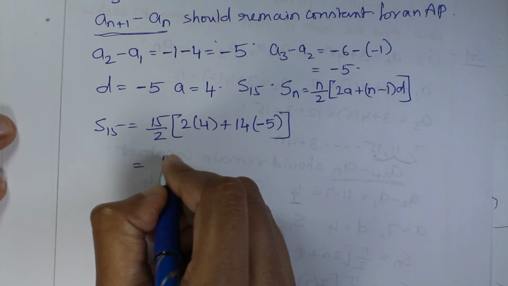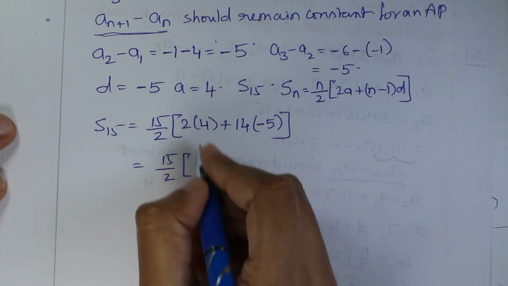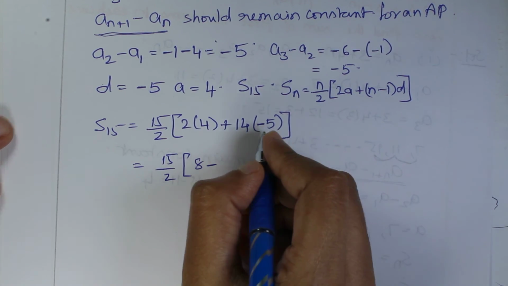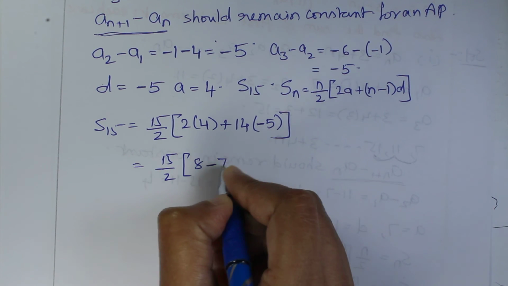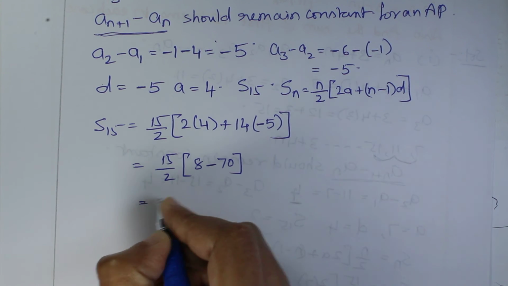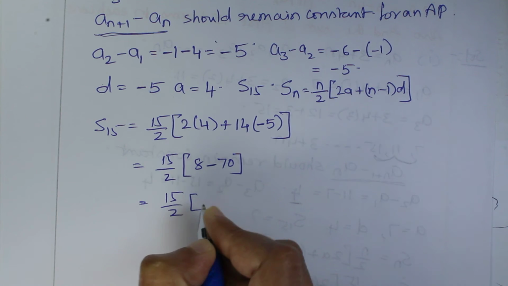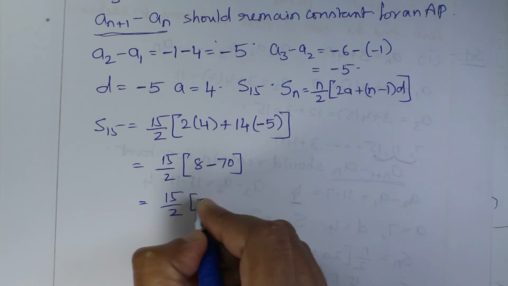That is equal to 15 by 2 into 8 minus 14 5s are 70. That is 15 by 2 into 8 minus 70, which is minus 62.